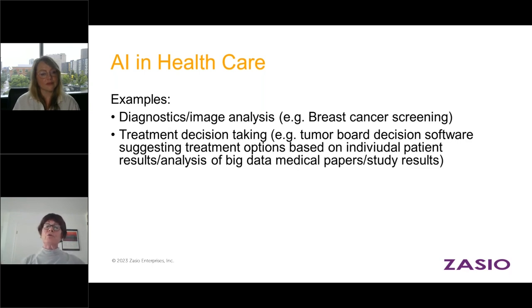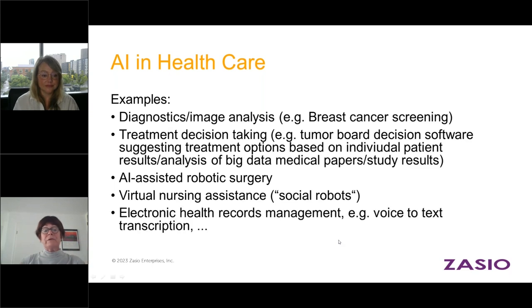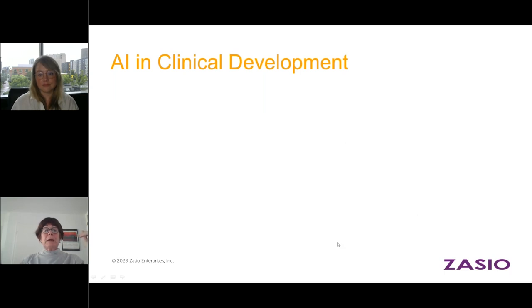So for example, a tumor board decision software suggesting treatment options based on the individual patient results, in combination with big data, medical papers, study results, etc. We have assisted robotic surgery and virtual nursing assistants, social robots, electronic health records management, you name it.